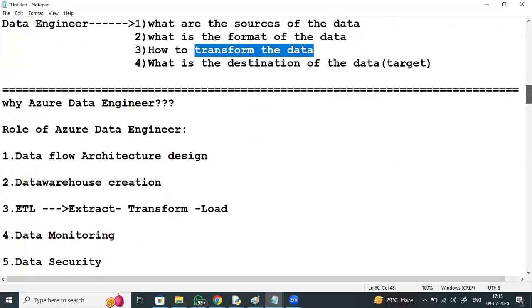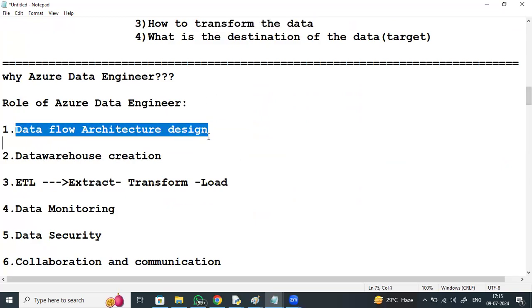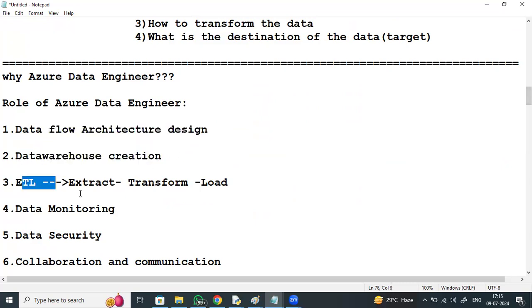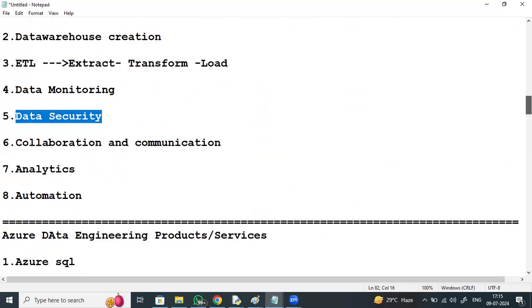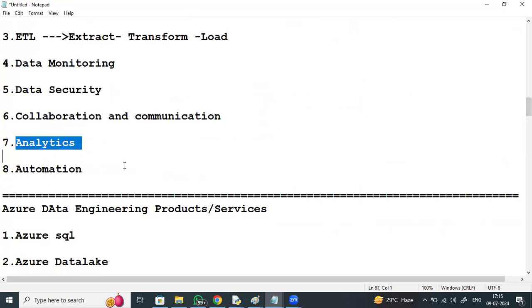The role of a data engineer includes data flow architecture design, data warehouse creation, ETL (extract, transform, and load), monitoring and securing the data, ensuring there is no data leakage, collaboration and communication with the data scientist and the business team, and having good knowledge of analytics and automation.